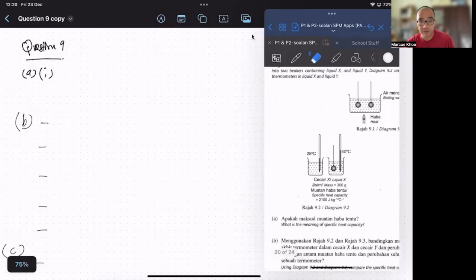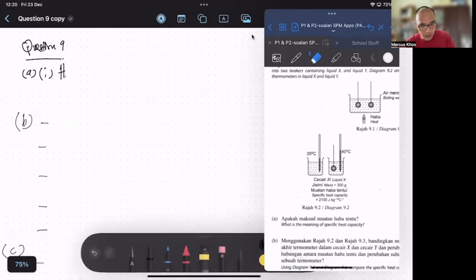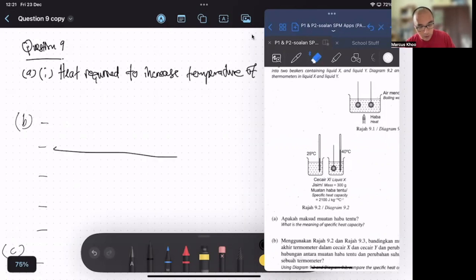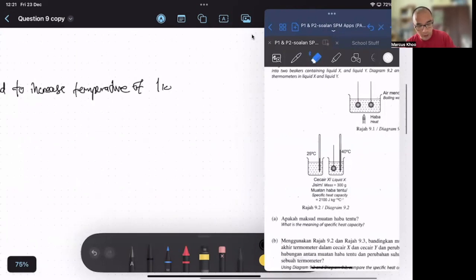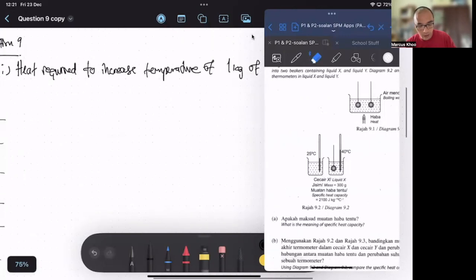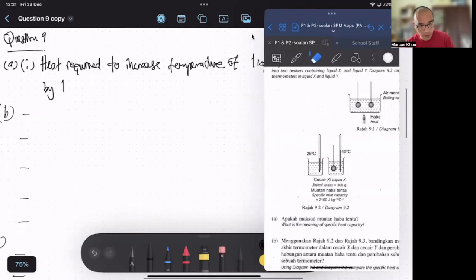So what is meant by specific heat capacity? Specific heat capacity is the heat required to increase the temperature of 1 kilogram of substance or object by 1 degree Celsius.